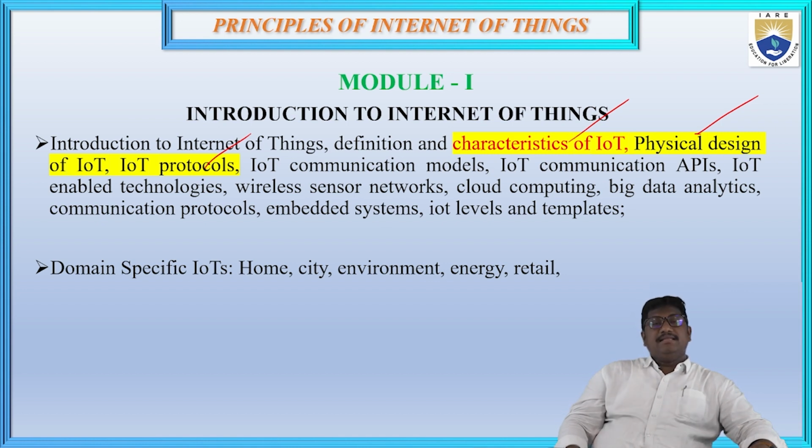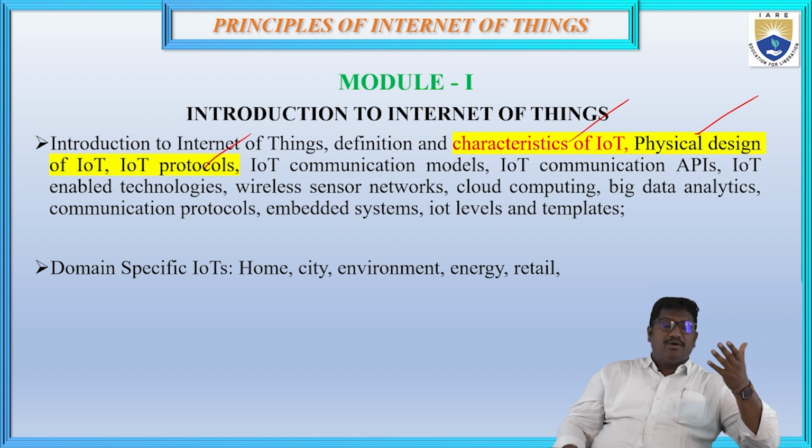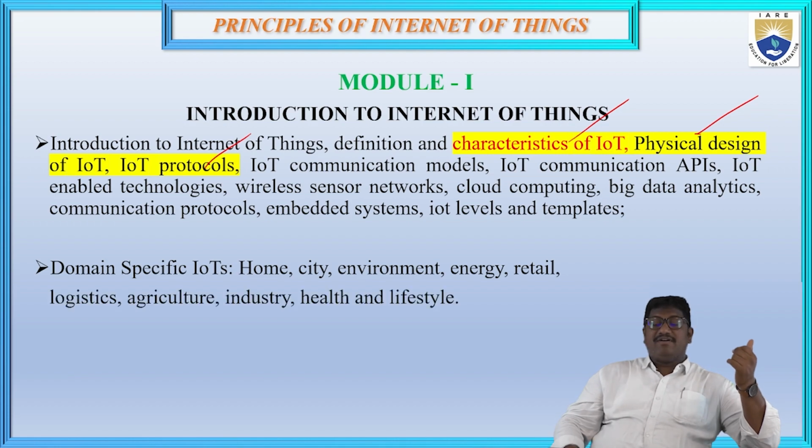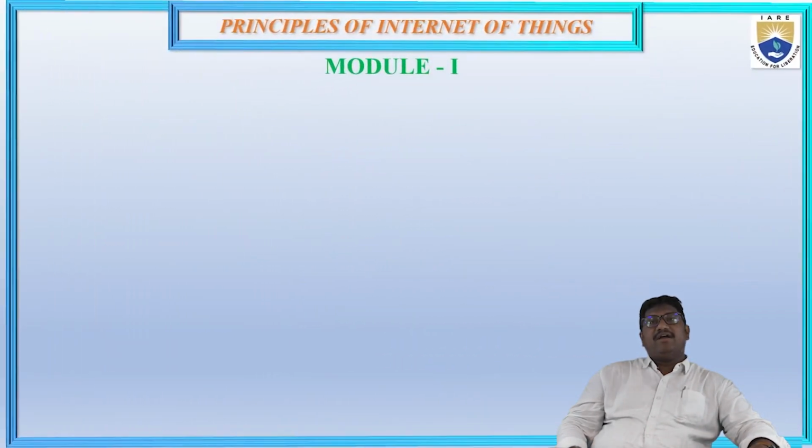In the same way, there is a physical design for any kind of IoT device. What kinds of physical device designs exist in IoT, and there are some protocols which are required to communicate from one layer to another layer to exchange information in the form of data. For that purpose, we require some protocols. In the coming classes, we are going to learn about these protocols and look at the characteristics of IoT and the physical design of IoT.